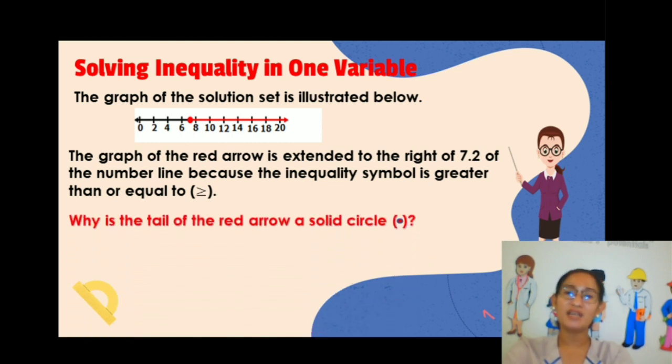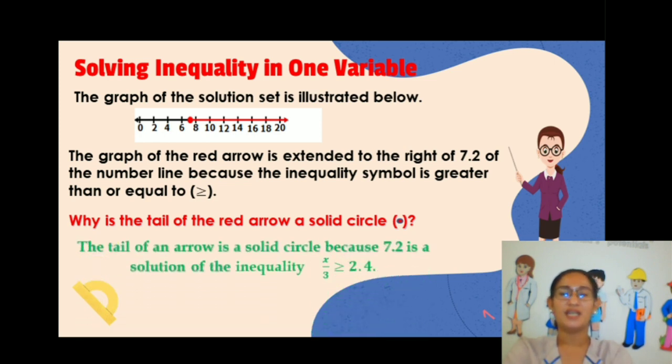Why is the tail of the red arrow a solid circle? The tail of an arrow is a solid circle because 7.2 is a solution of the inequality x over 3 is greater than or equal to 2.4.